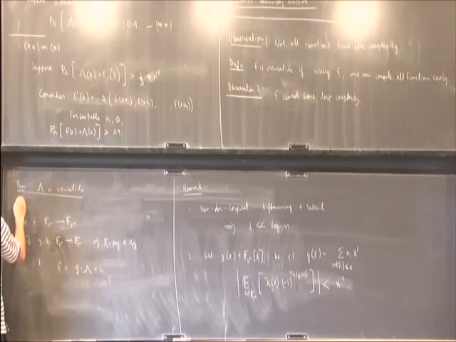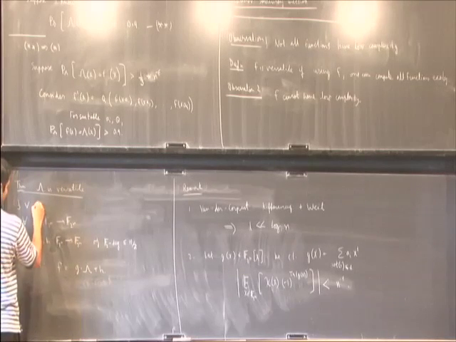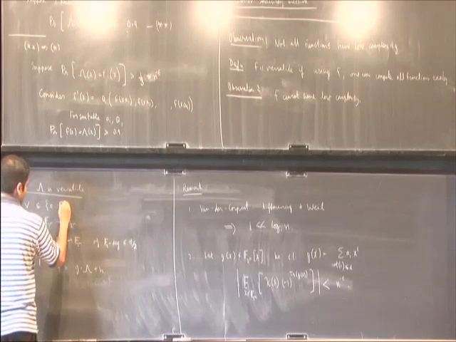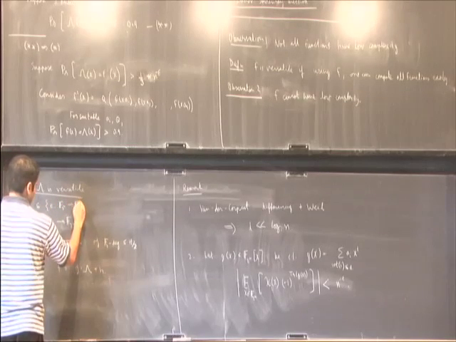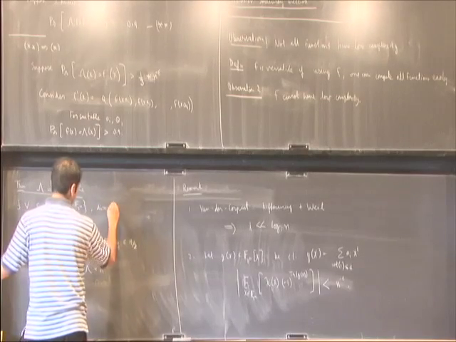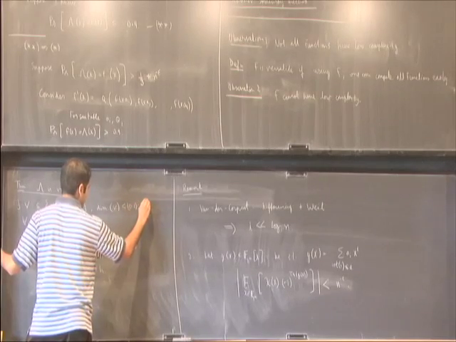So I'll add on top: there is a vector space V sitting inside the space of all functions from F2^n to F2^n, with dimension of V not very big. It's at most 0.1 times 2^n.